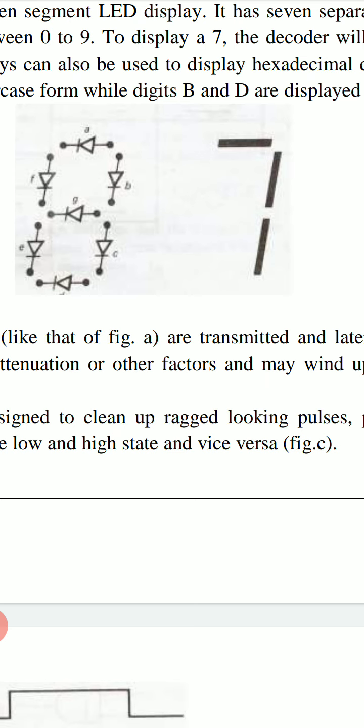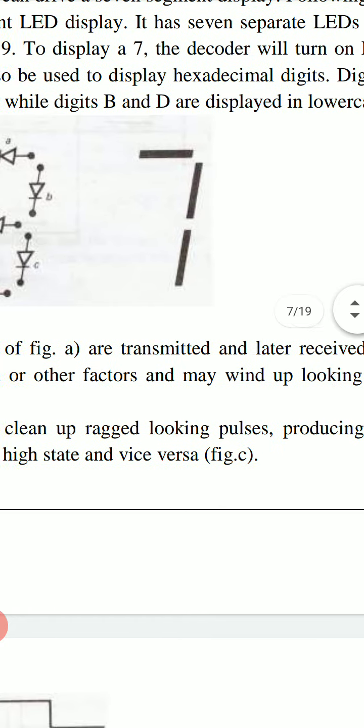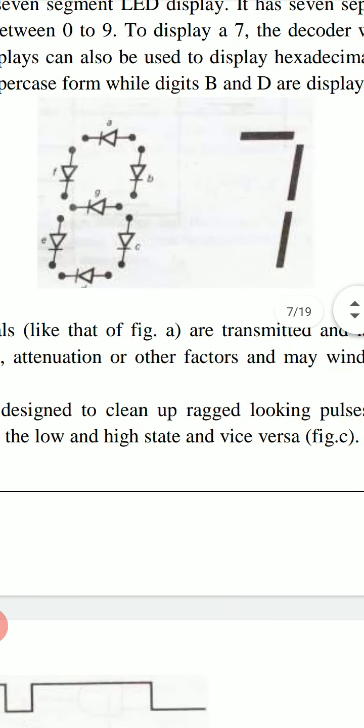Digit B, if displayed in capital letter, would look like number 8, and digit D, if displayed in capital letters, would look like number 0. So these two digits B and D are displayed in lowercase form.